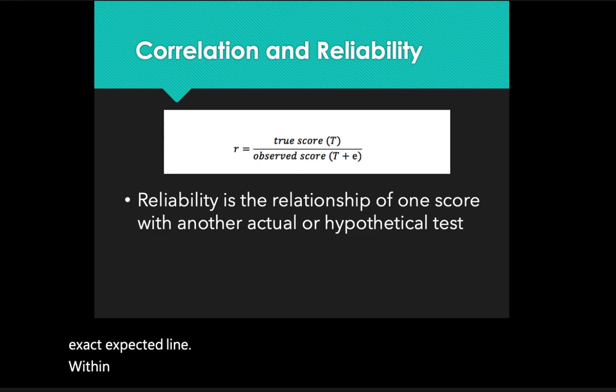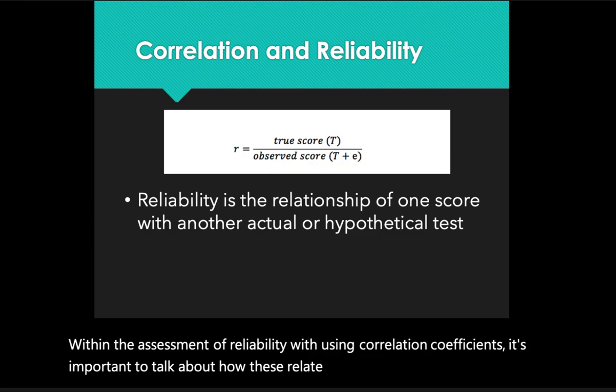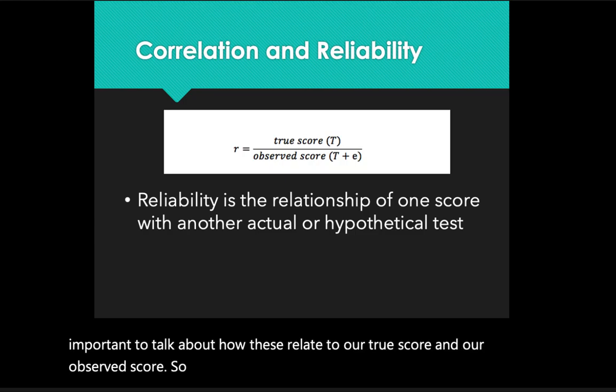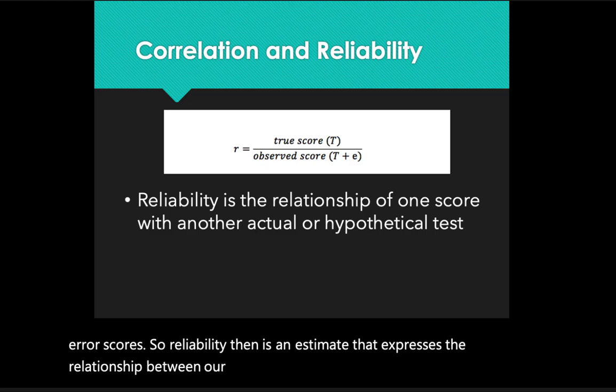Within the assessment of reliability using correlation coefficients, it's important to talk about how these relate to our true score and our observed score. So our observed score is made up of our true and our error scores. Reliability then is an estimate that expresses the relationship between our true and our observed scores.